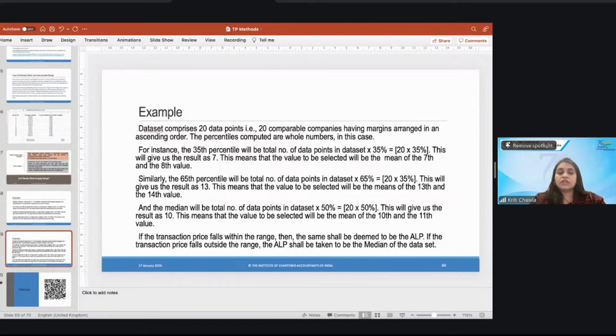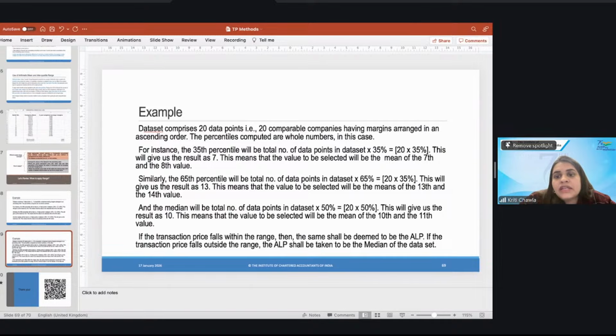Now, the taxpayer is at a margin of, let's say, 2%. And the 50th percentile, just as an example, is let's say 5.5%. So now the point is, is it at arm's length or not? Well, it is not at arm's length. Why? Because the taxpayer is below the range. The taxpayer does not fall within the range.